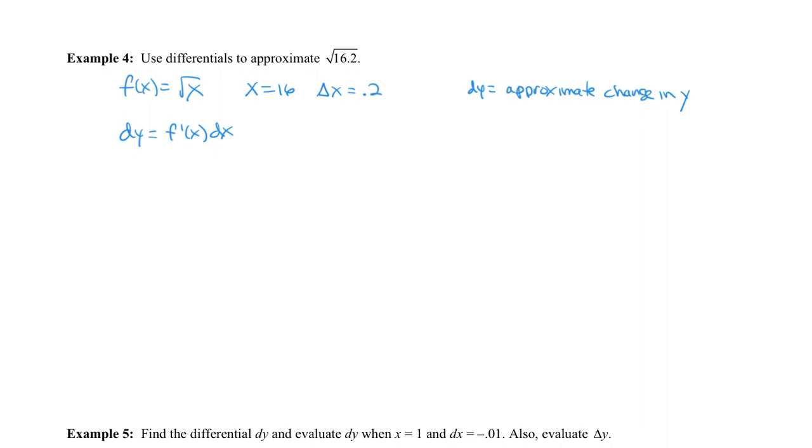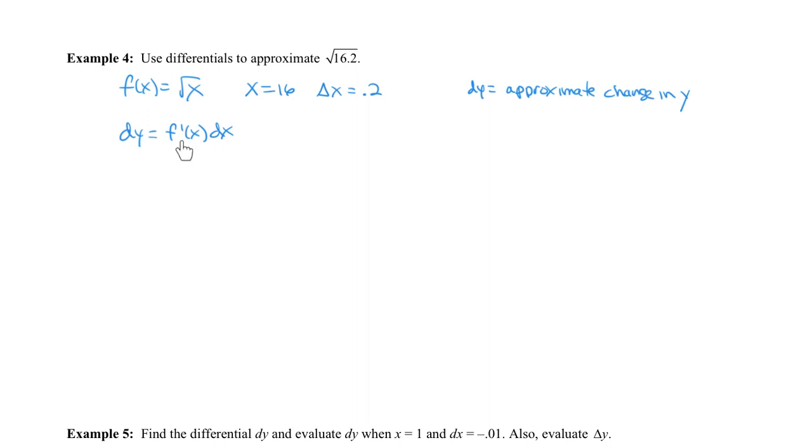So as x changes from 16 to 16.2, dy will be the approximate change in y, and y started at the square root of 16, which is 4. So as x changes by 0.2, how much does y change by? Well, dy will be approximately that change.